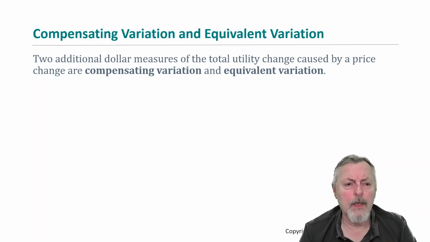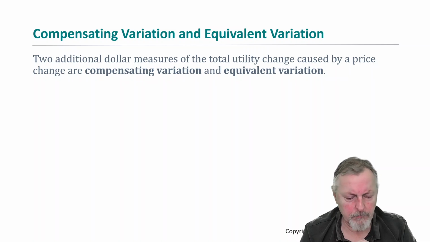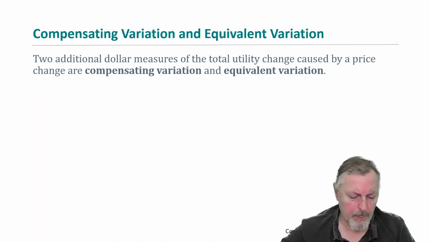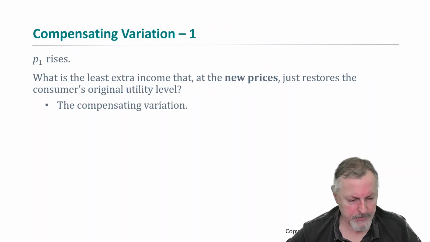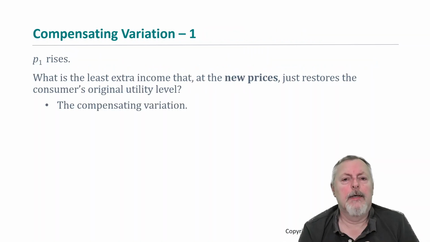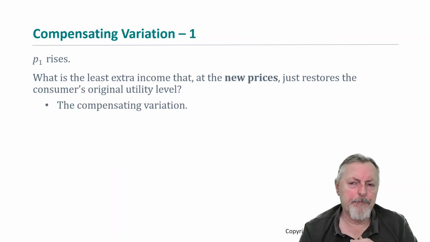Now, there are two other ways to look at change in utility: compensating variation and equivalent variation. Let's go to compensating variation first. Price of something goes up.